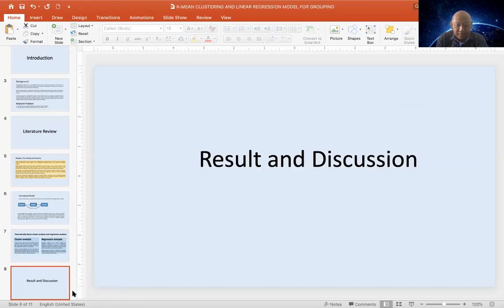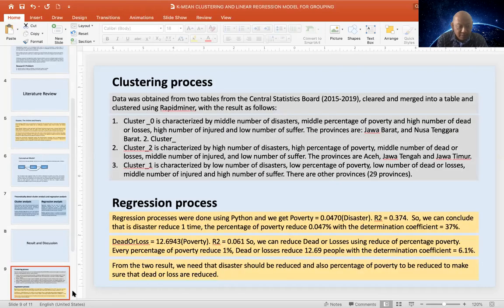Okay, the result and discussion. The first is about the clustering process. Data was obtained from two tables from the Central Statistic Board, 2015-2019, cleaned and merged into a table and clustered using RapidMiner, with the results as follows.